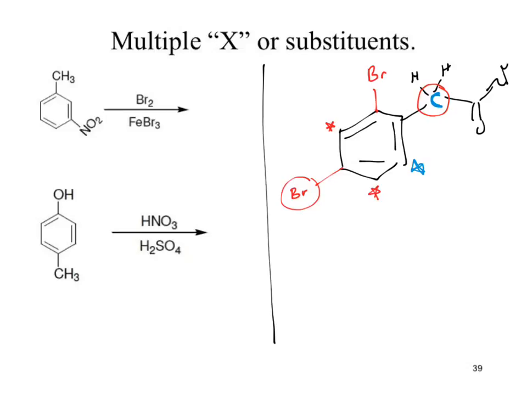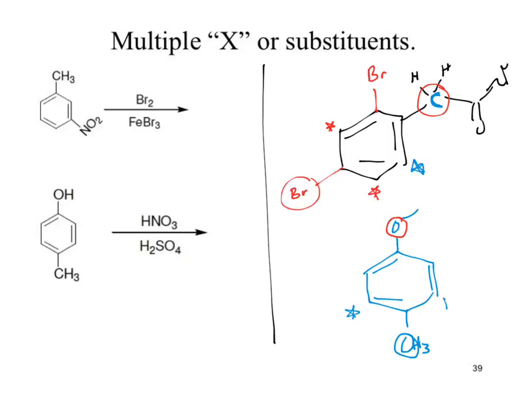If we move to, what was the other example we had? Oh, this one. We have the oxygen and we have our carbon. Where should the carbon direct? The ortho and para positions.